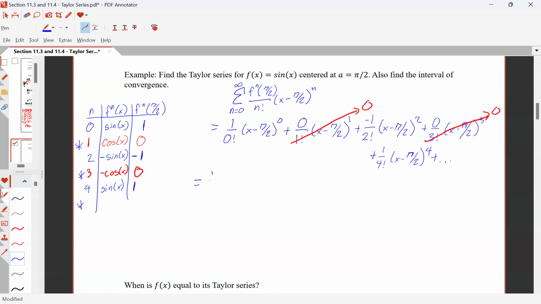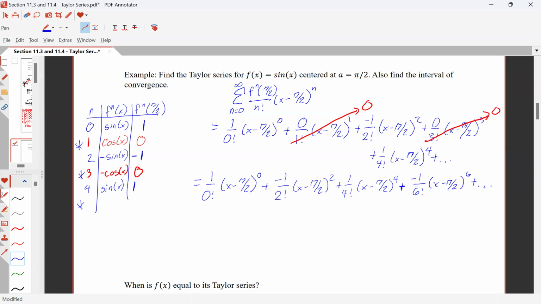So this simplifies down to 1 over 0 factorial x minus pi over 2 to the 0, plus negative 1 over 2 factorial x minus pi over 2 squared, plus 1 over 4 factorial x minus pi over 2 to the fourth. Now I can actually add on another one knowing the pattern. It's going to be negative 1 over 6 factorial x minus pi over 2 to the sixth, and so on.